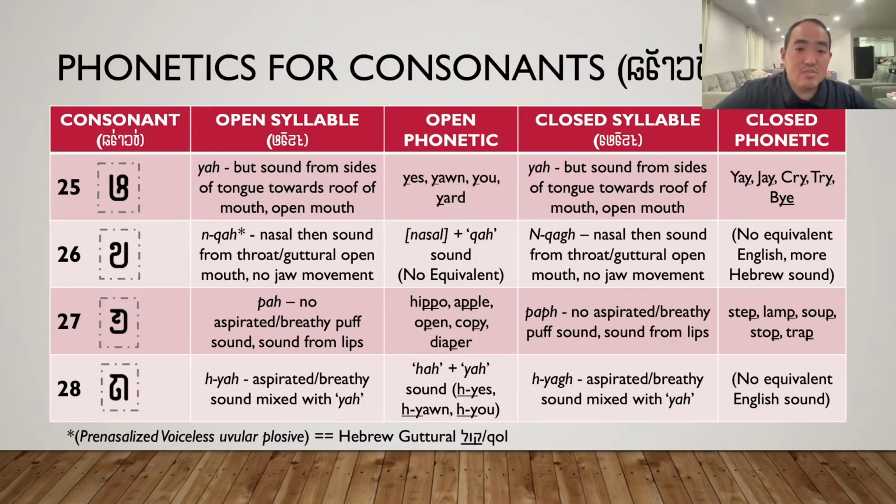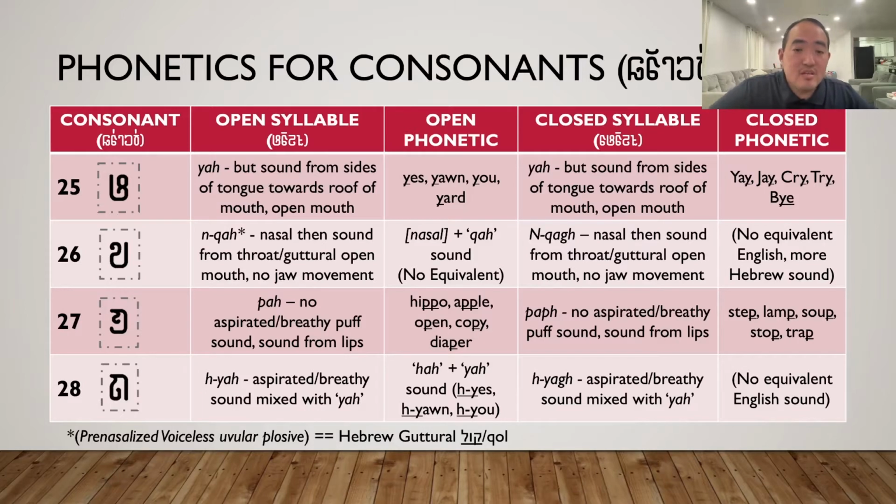This consonant is pronounced sha, shaj. This one is a bit difficult only because it has an aspirated breathy sound mixed in with the consonant ya, number 25.